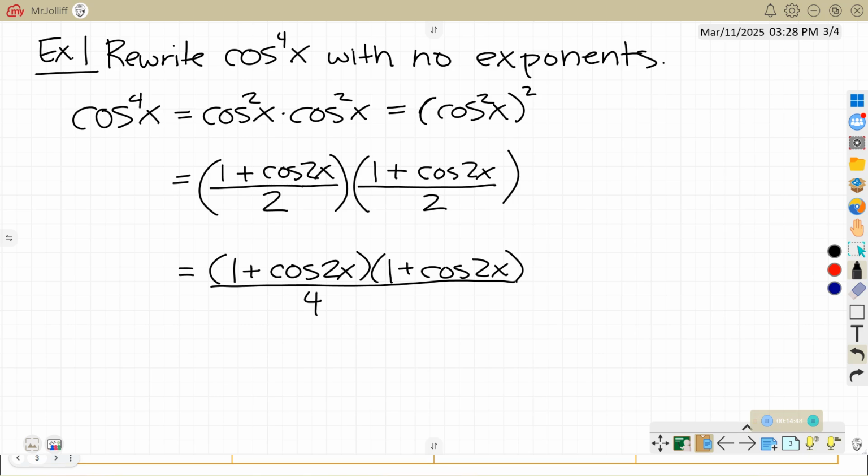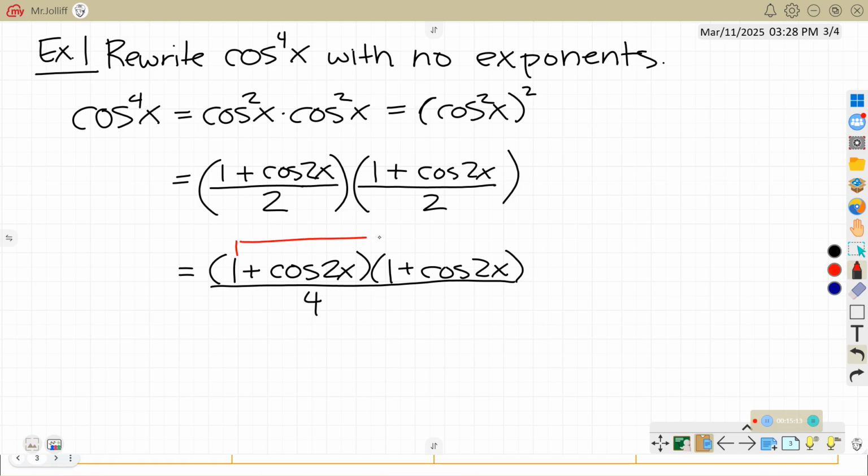How do I multiply binomials? x plus 5 times x plus 3. How would I multiply them? Louder, Michaela. Yeah, FOIL's one option. That's the one I default to. Or the box method. Perfect. Yeah, let's FOIL these guys out. First, outer, inner, last.